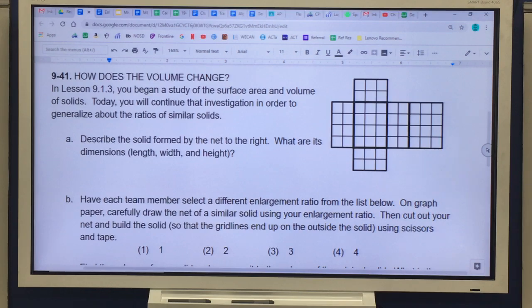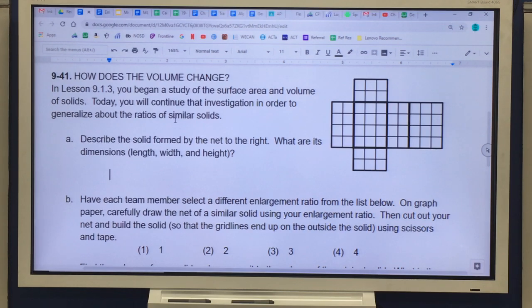So here's the deal. They gave us this net, and we should recognize it, because this is the net that I drew on the board. It's just flipped over. It's this flipped over version of the net I drew on the board of the box that was in the last section. This is why we did 9.13 and 9.14 together in one day.